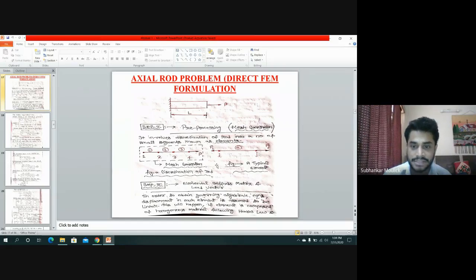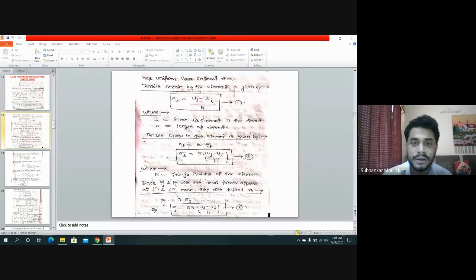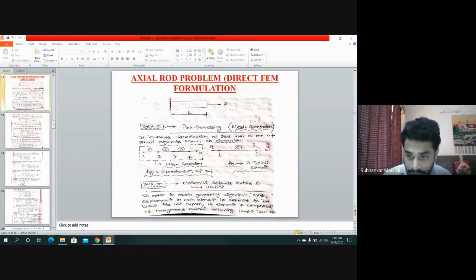We analyzed this element. For this element I have written the tensile strain equation and the tensile stress equation. These will be valid for the J node of this element, because on the J node tensile force is acting.